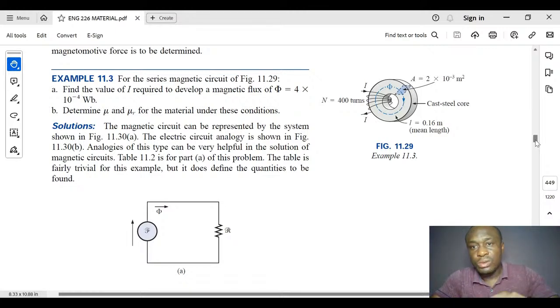Since we have our area, we have the number of turns and the length of this magnetic circuit. The length of the magnetic circuit is 0.16 meter. The number of turns is 400 turns, and the area is 2 times 10 raised to power minus 3 meters square.